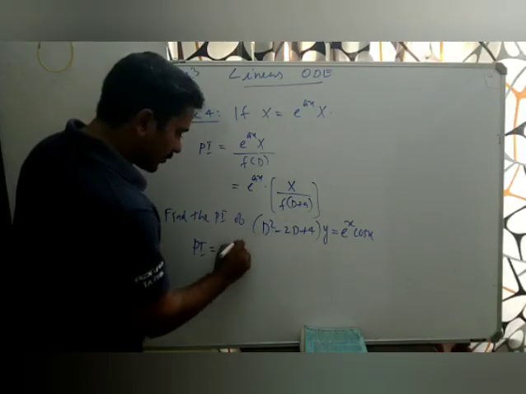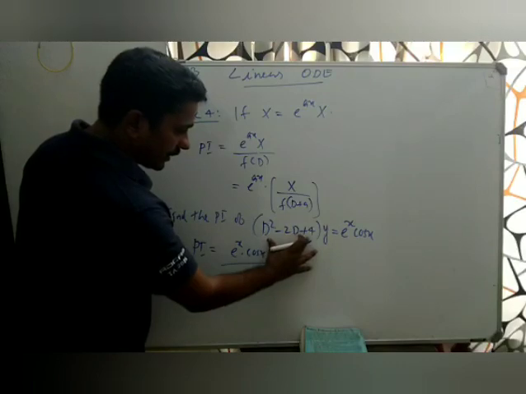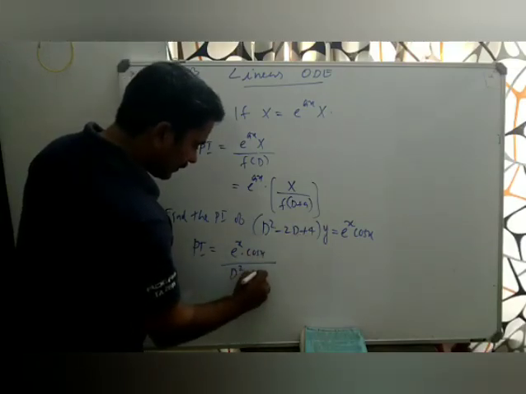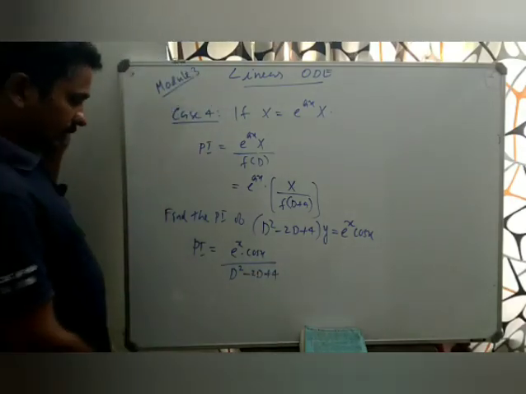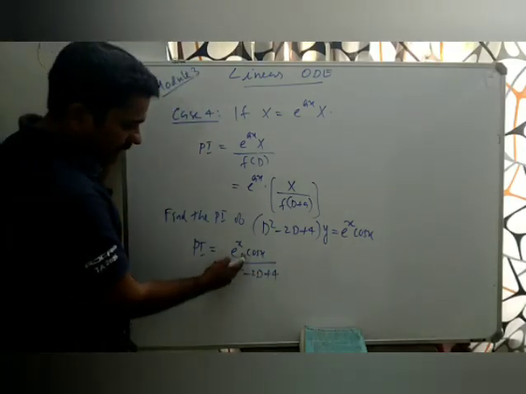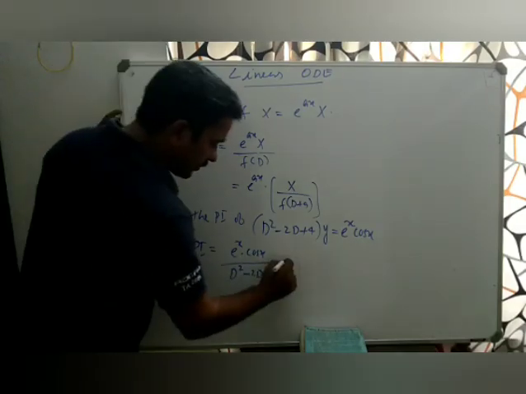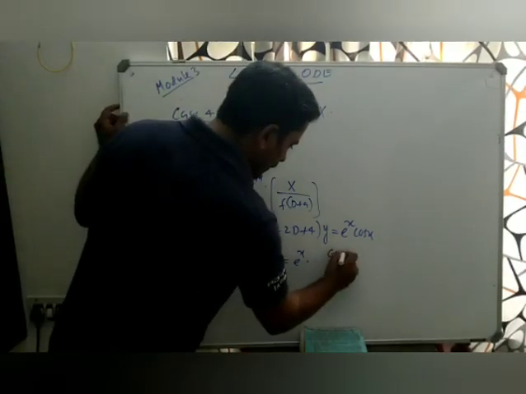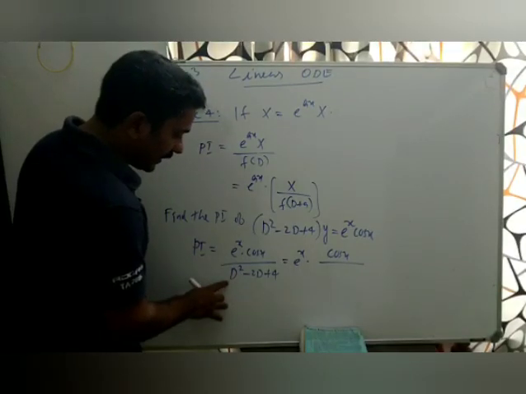this is what you are supposed to do. e^x times cos x over, write down the function of D in the denominator, D² − 2D + 4. Now it's enough to find the particular integral of cos x. You can take out e^x, but when you take out e^x, you have to replace D by D + a.